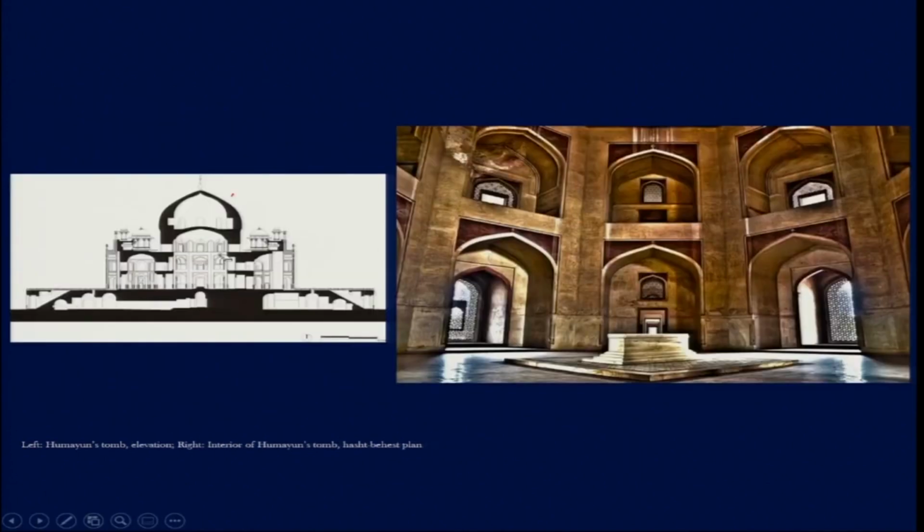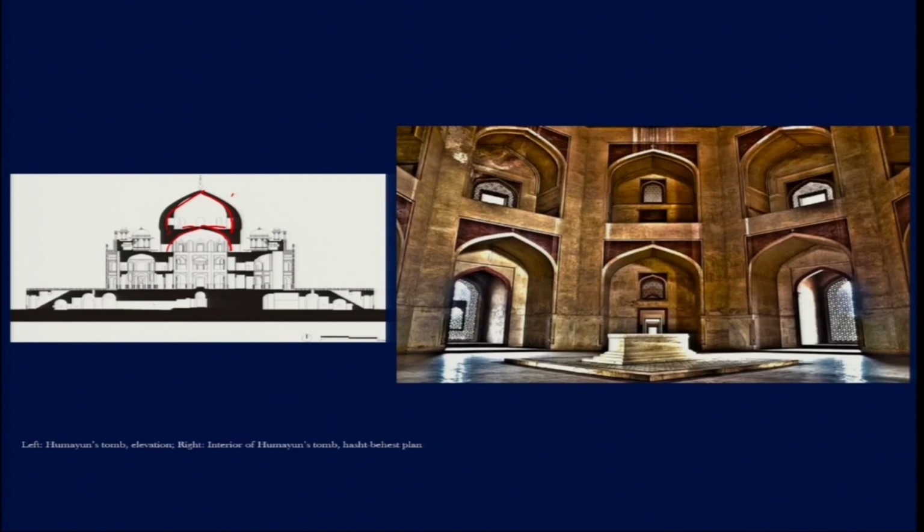A double dome is something in which we have one dome, and then on top of that another outer dome is supported by the structure which lies beneath. So there is a possibility to have these imposing high domes which would not have been possible otherwise.